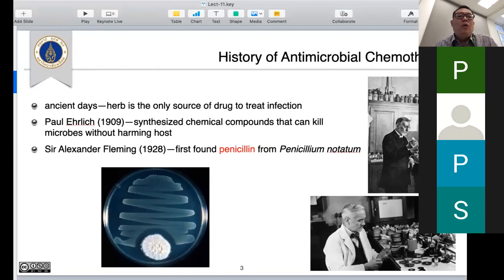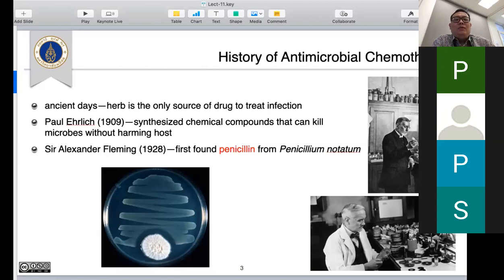Let's continue. In the old days, people used medicinal plants for treatment, until 1909. Ehrlich, a German scientist, used a chemical to kill bacteria but not harm the host. That was the first time we used a chemical for treatment.